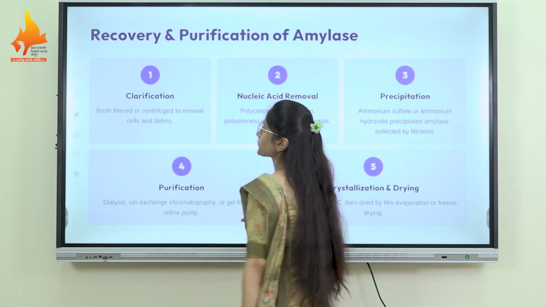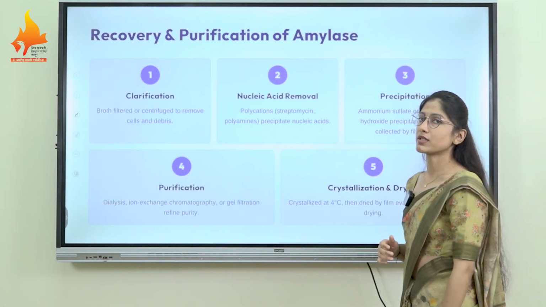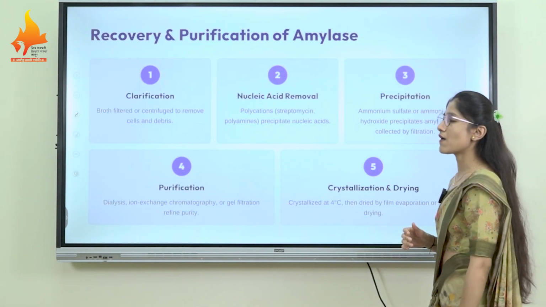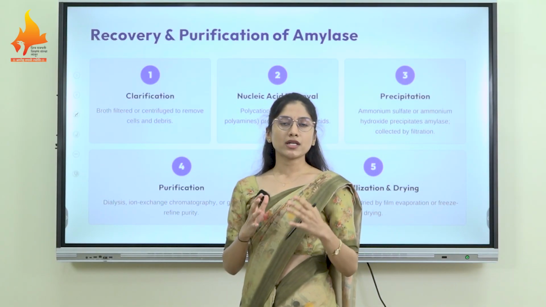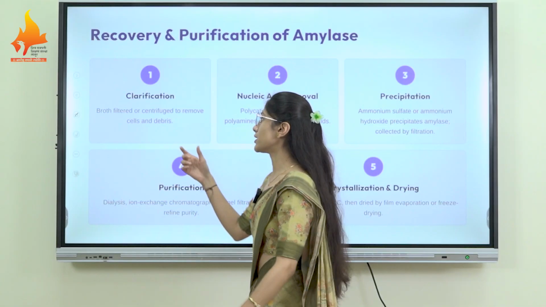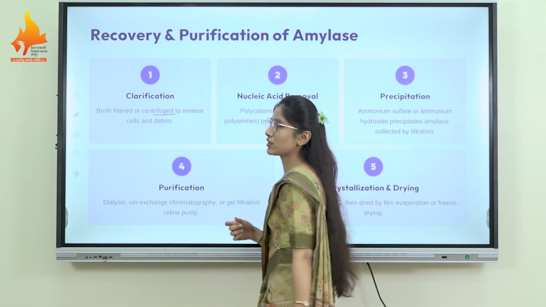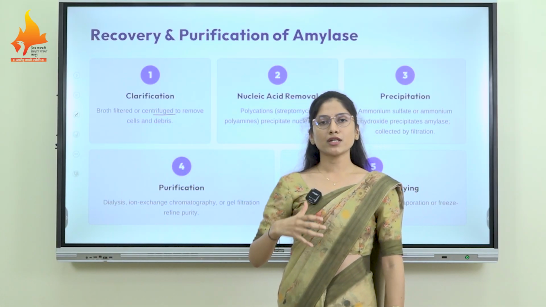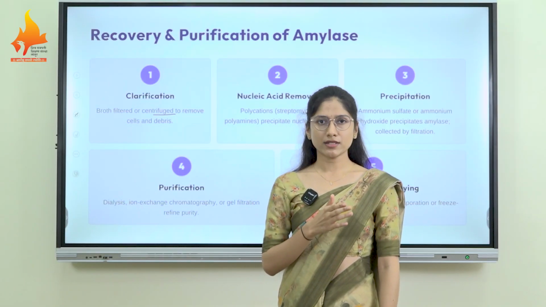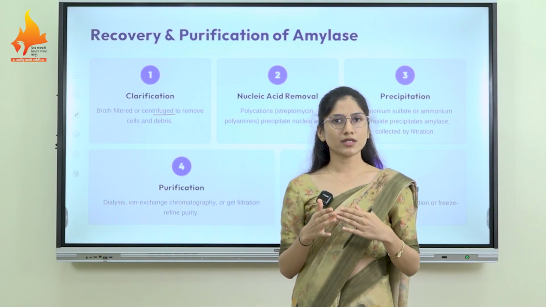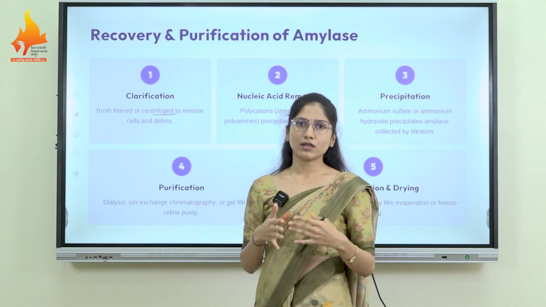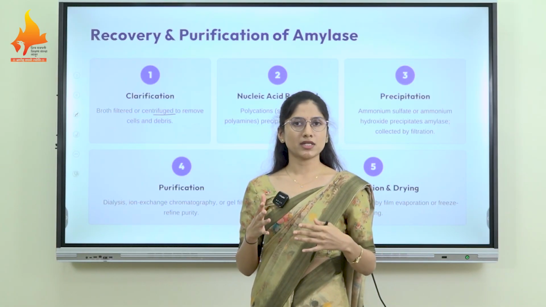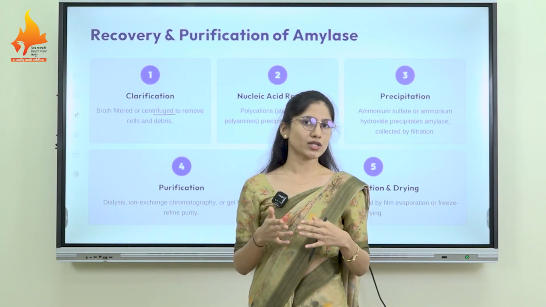Moving forward, let's discuss the recovery and purification of amylase enzyme. Here the fermentation broth is filtered and centrifuged. This filtration and centrifugation remove cell debris, certain impurities and solid substrates present in the fermentation broth.